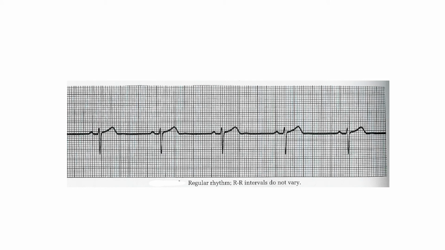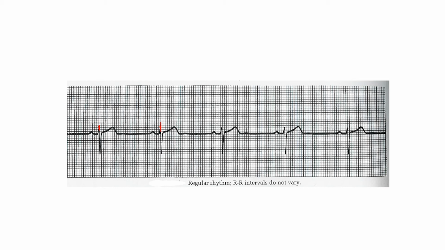In this strip, on page 33, figure 5.2, this is considered a regular rhythm. With this regular rhythm, you're counting R to Rs, and you're putting your calipers on the first 2 R to Rs.